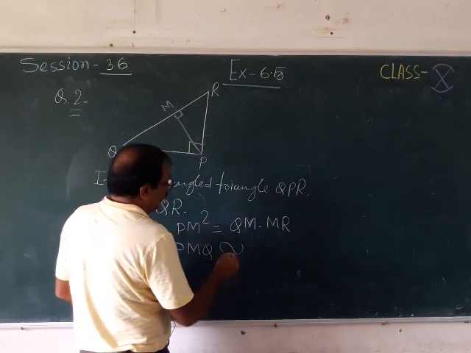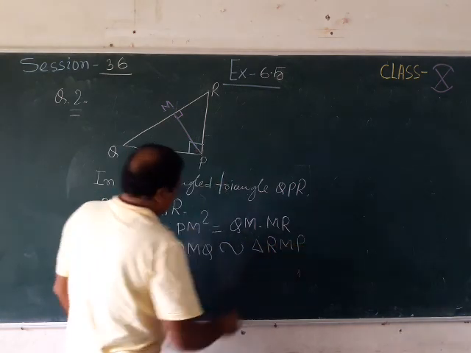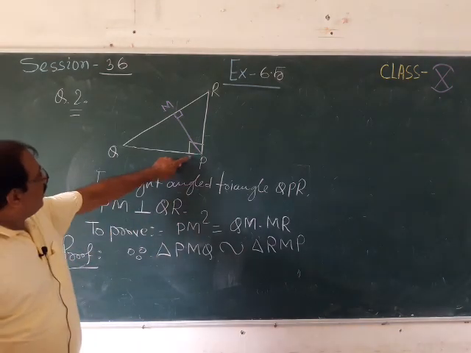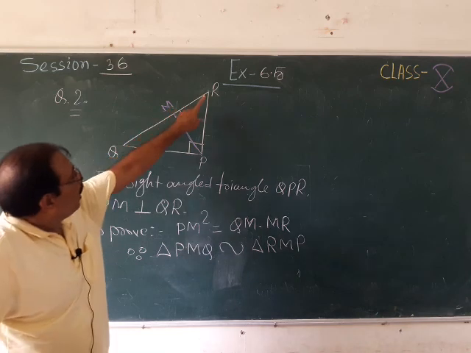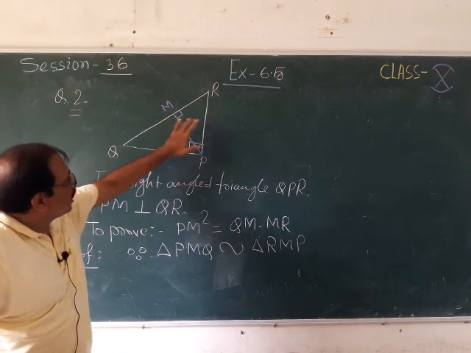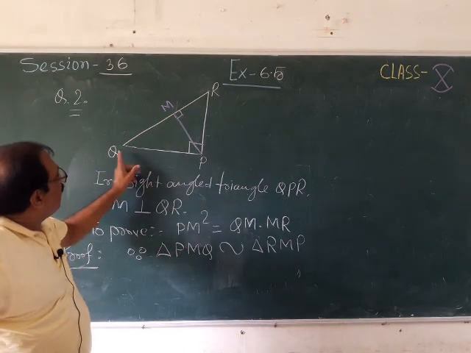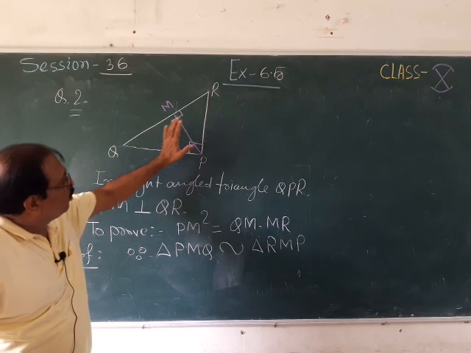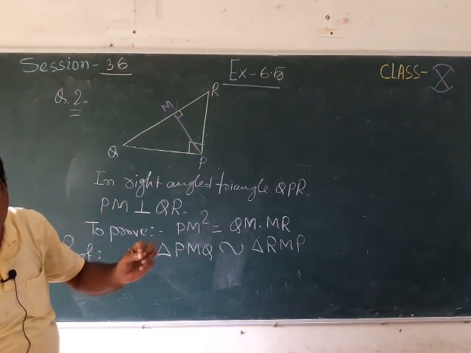Sorry, similar, not congruent. Here PMQ is similar to triangle RMP. You are aware that both these small triangles, RMP and QMP, are similar to each other, that we are aware.